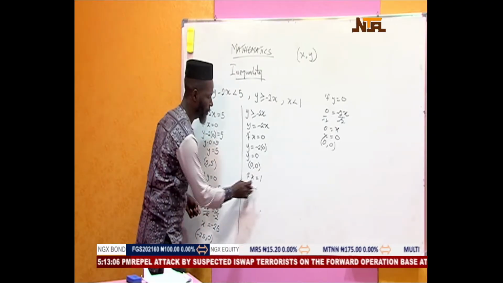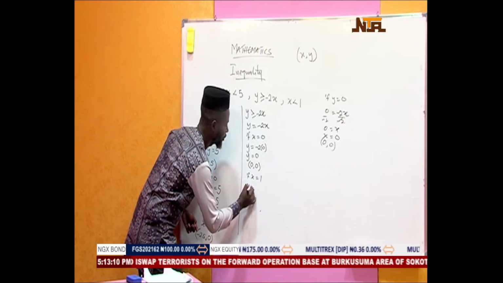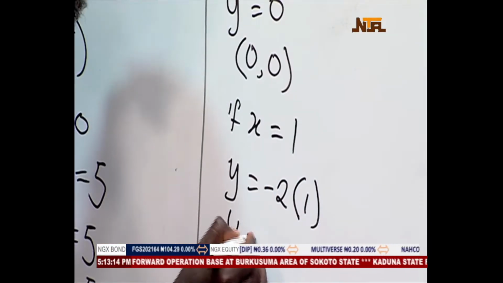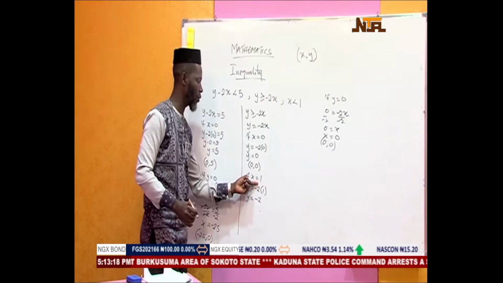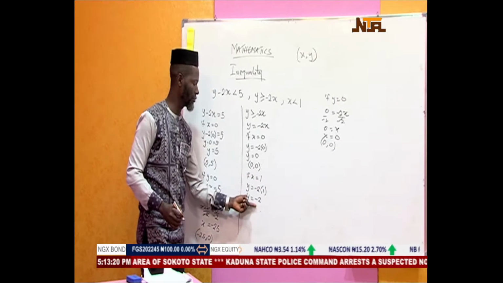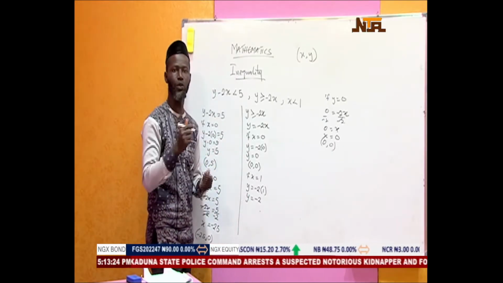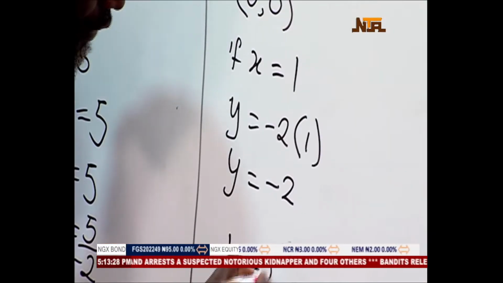Now, if our x is equal to 1, let's go back to this place. It is now y is equal to minus 2 into bracket 1. So y now is equal to minus 2 multiplied by 1. That is minus 2. Now we have 1 for our x and minus 2 for our y. So we can now write it as a coordinate point, which is 1 comma minus 2.